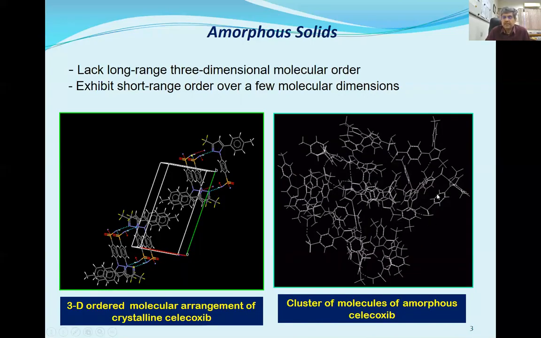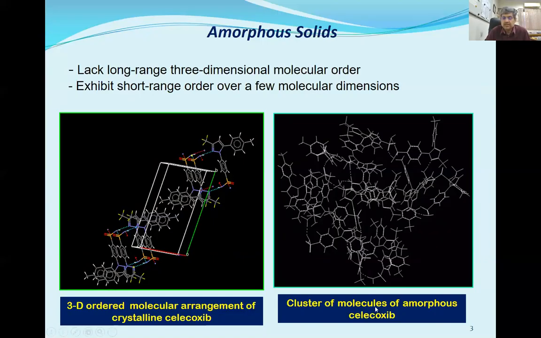Remember, this particular diagram has been generated using computer software, because you cannot find the structure of the amorphous form by using a tool like single crystal XRD, because there is no definite diffraction pattern from the amorphous form. So you cannot determine the arrangement of the molecules in the amorphous form.